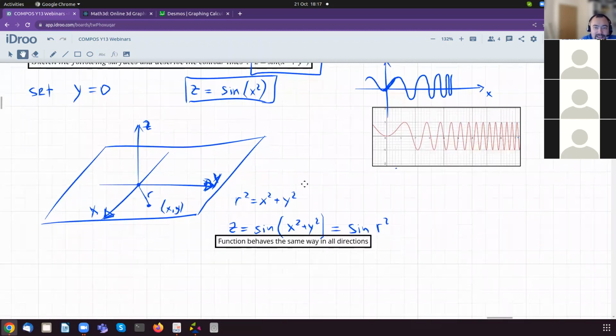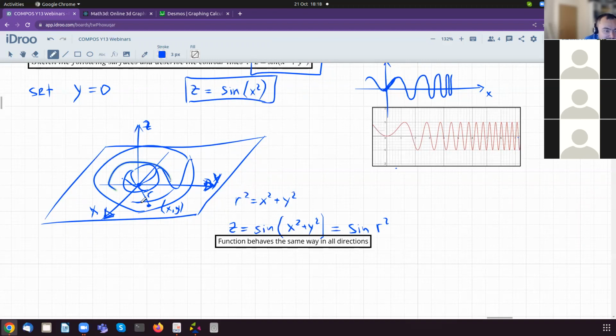And basically, it's the rotation of this shape around the z-axis. Let's have a look. So it's going to be like this in all directions, like this, and it goes down like this, like this, like this.